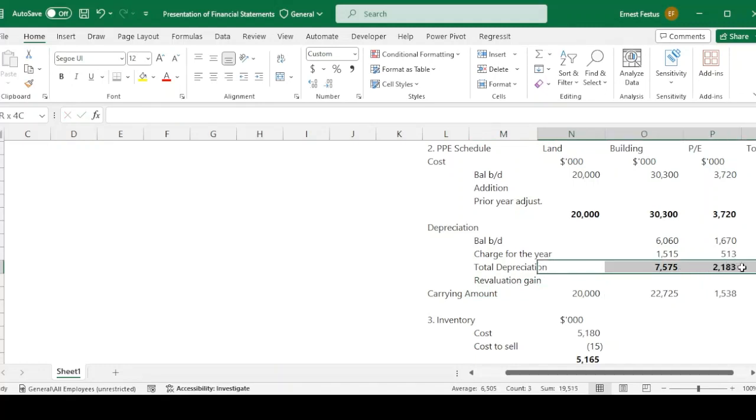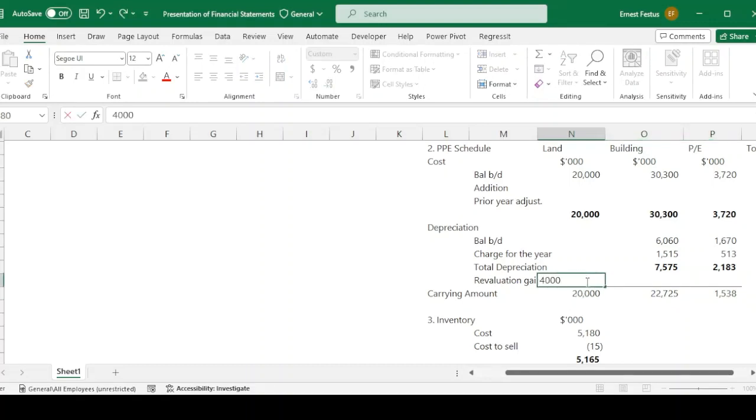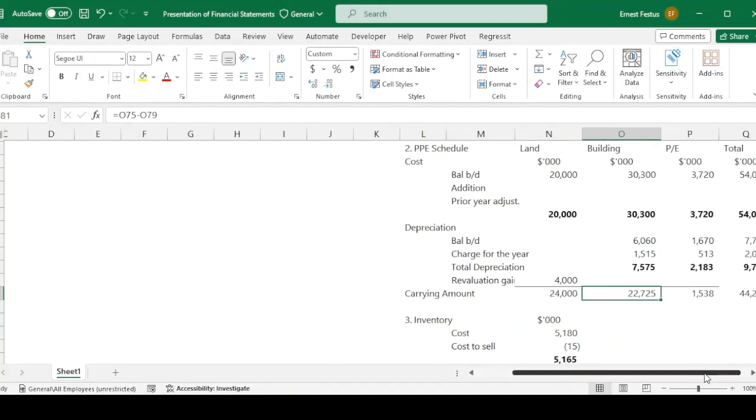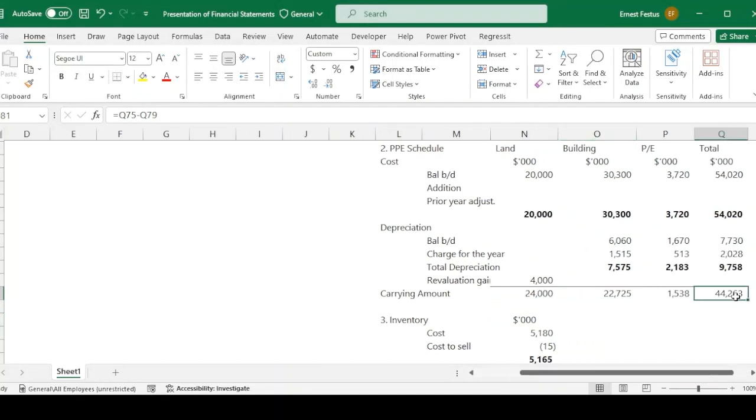But for that, let me remove this border here, so no border for now, and the border should rather be here. All right, so we have our revaluation gain, and that is actually the balancing figure 4,000, and these ones remain the same. So this is actually 24,000. So we have that, and my border should extend to that place.